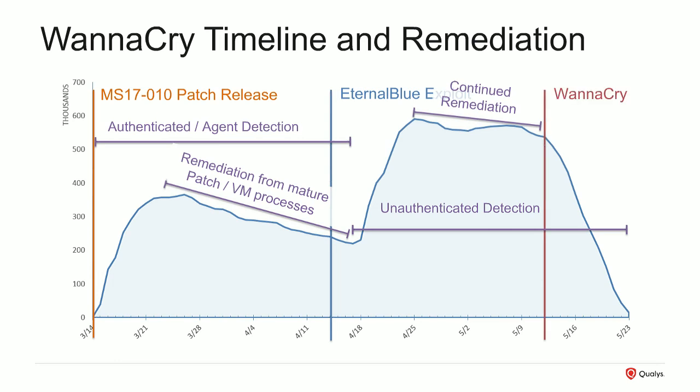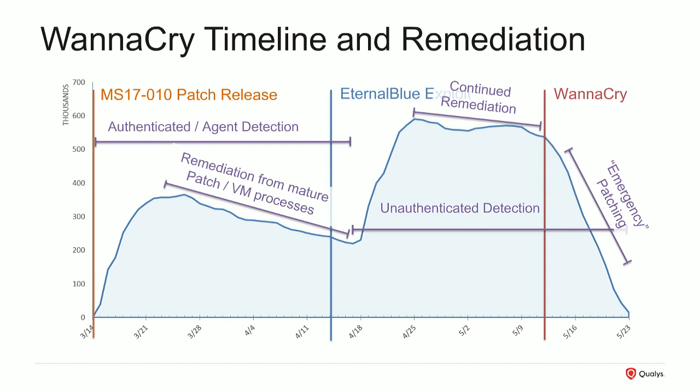At some point, about 1 month later, we got WannaCry, and WannaCry had a really bad impact. A lot of people got very scared, and they started to do what we call an emergency patching process.